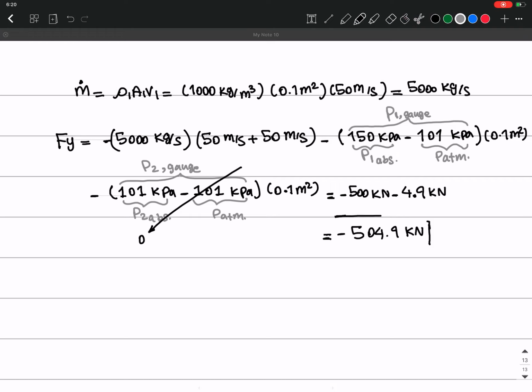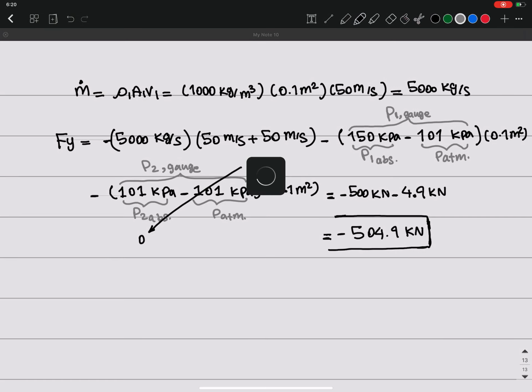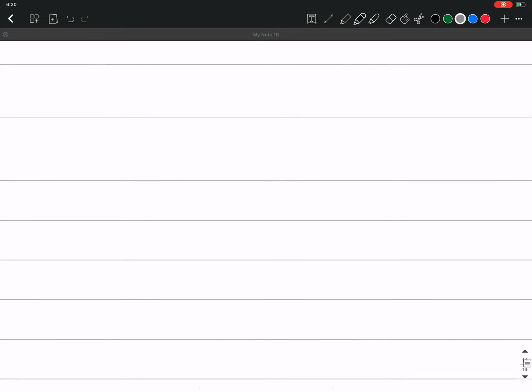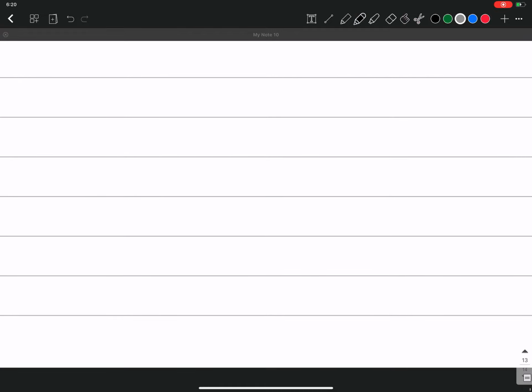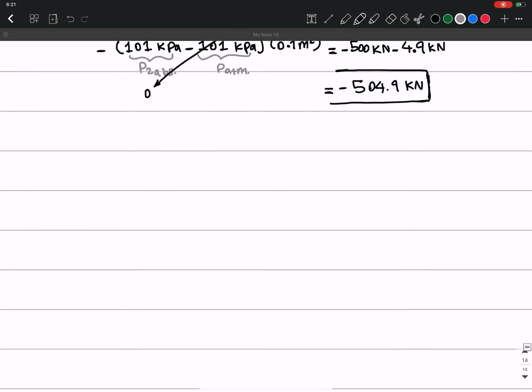Okay, so this is the general framework for how you should approach these kinds of problems. You first write the linear momentum equation, and most of the time these problems are steady, so the first term is 0, and you only need to write the term which involves calculating the mass flow rates over the control surfaces.